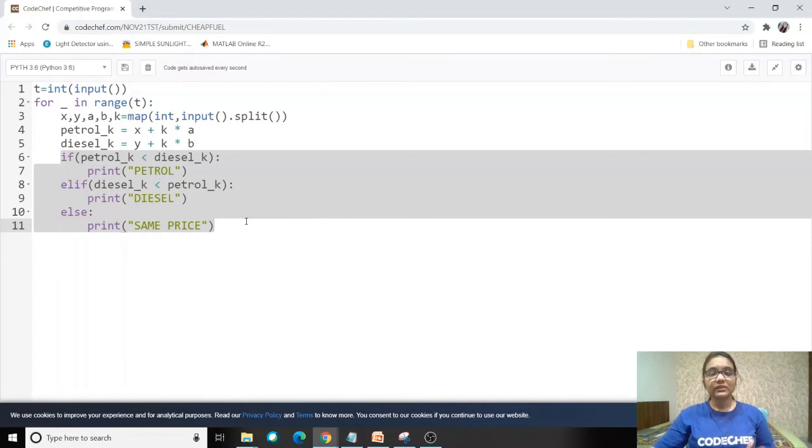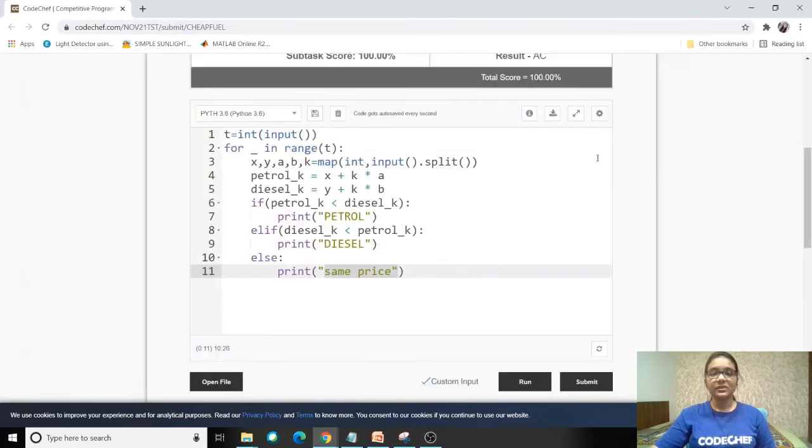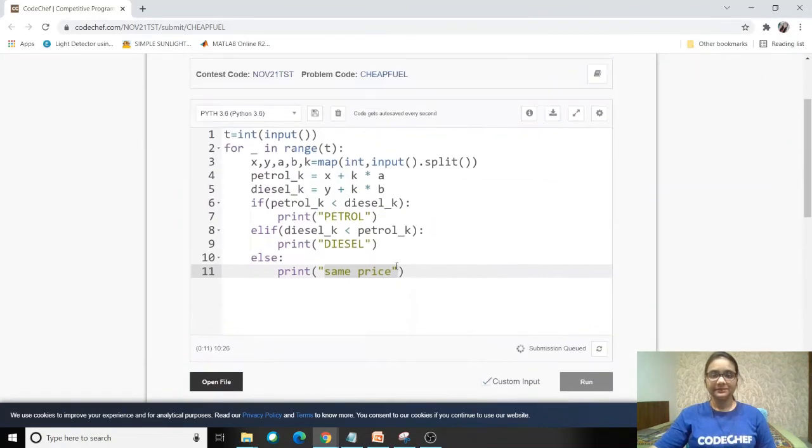So it was also given in the problem statement that we can print lowercase letters also. So let us change one quantity to lowercase, same price. Okay, so all of them are in lowercase, and I think this should also get accepted as an output because it was given that it is case insensitive. So let us submit and see if this gets accepted or not.